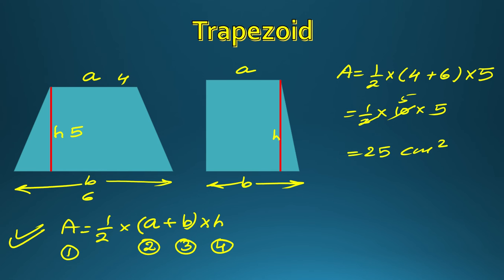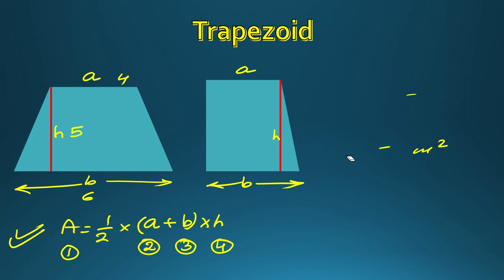Now what else can you have in this? If they do not give you the height, that can be manageable. The question will not be that lengthy. For example, here H we don't know, but they say area is, say, 100 centimeter square.